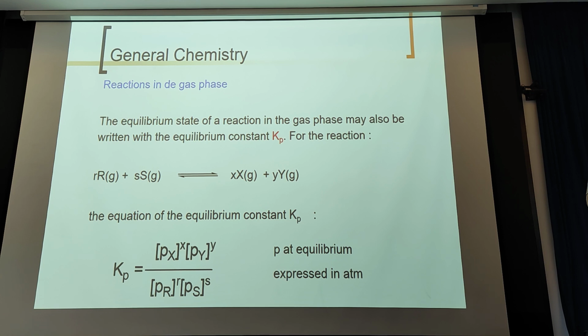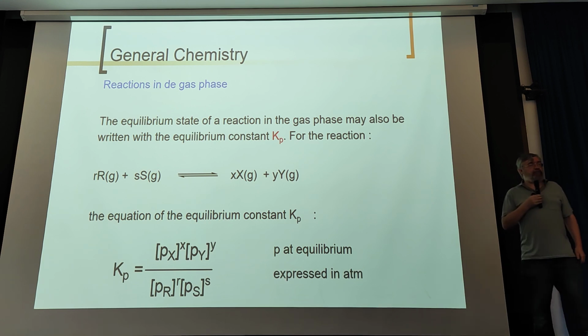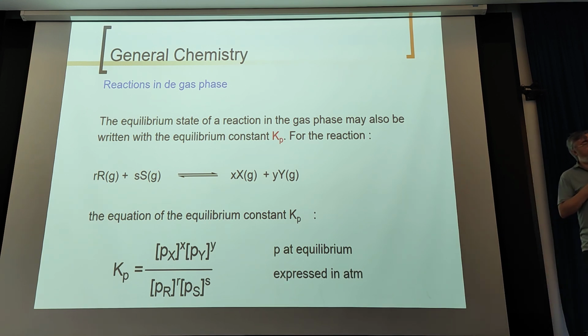Each gas, product or reagent, will have a partial pressure, and we now put these inside of our equation. Then we will get a new kind of equilibrium constant, Kp, based on the partial pressures at equilibrium and at a certain temperature. So for the rest, it's exactly the same kind of format.